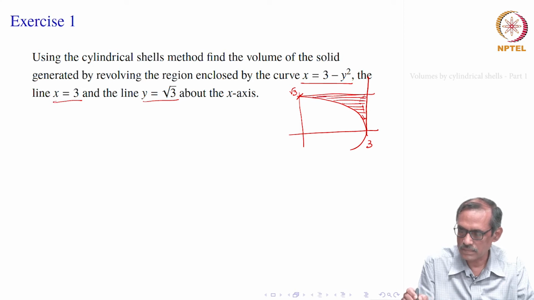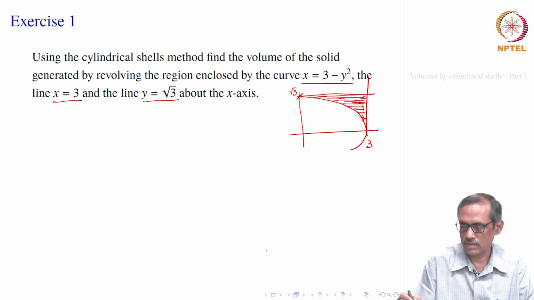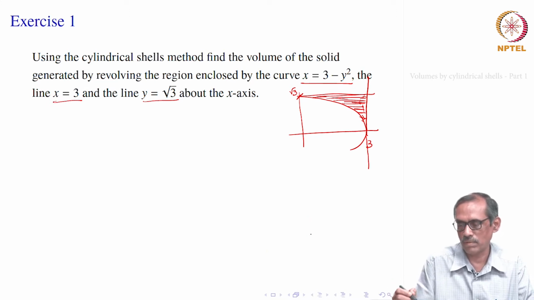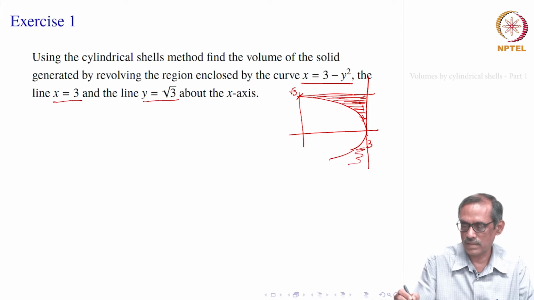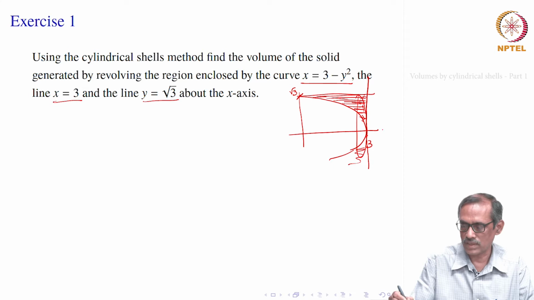This is the region, and this region is revolved about the x axis. So, there is no need to take the picture below it. Anyway, it is revolved. So, one side we can take, and it would look something like this. This is the solid. The solid will be coming this way when it is revolved about the x axis.